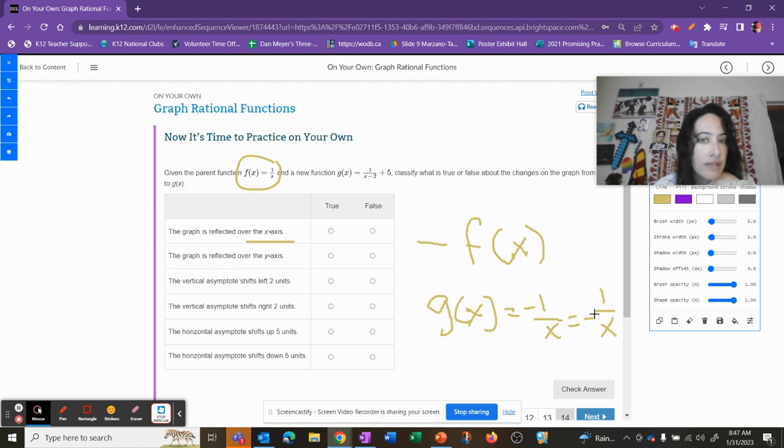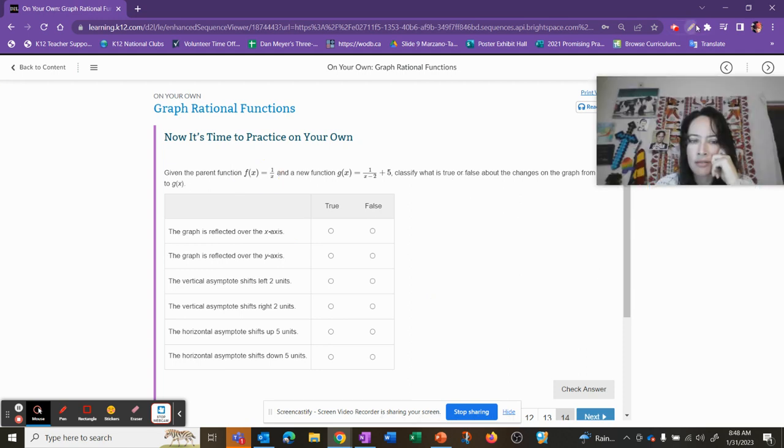These are equivalent. Where the negative symbol is doesn't really matter. Typically we don't put it in the denominator. We either put it out front or up in the numerator, but they're equivalent. Okay, that would be reflective. Is there any negative? Nope. So it's not that one.